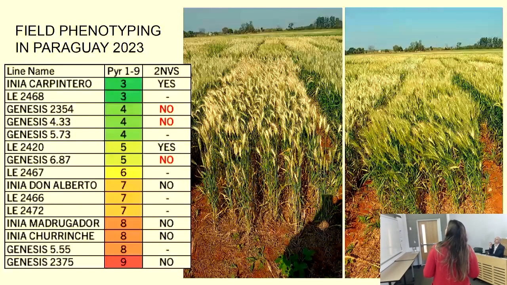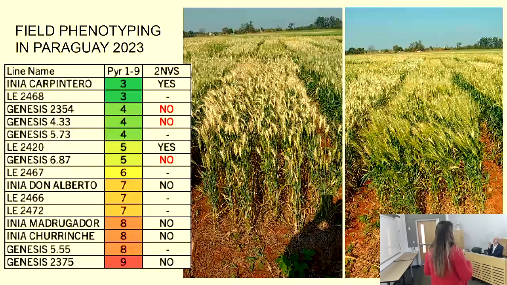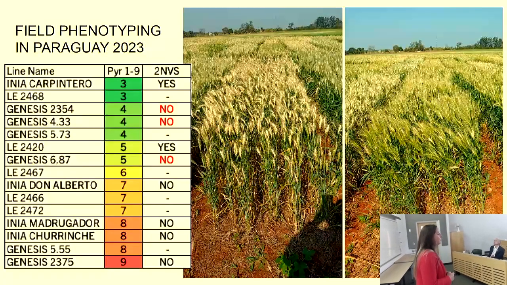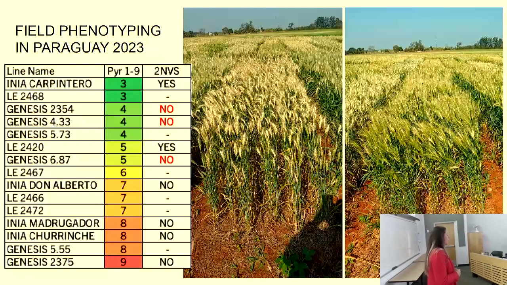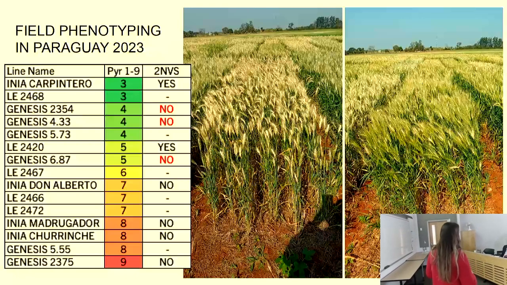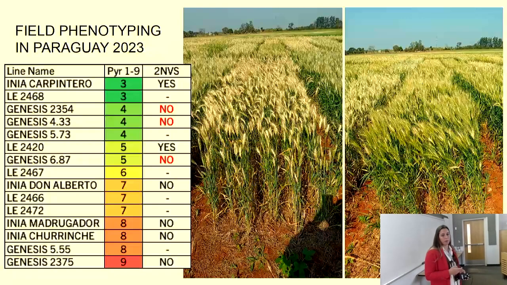And what I put here is whether they have or do not have the 2NS. Of course, most of the lines not having the 2NS are susceptible. But some of the lines here, like these two, don't have the 2NS, but they have pretty good resistance in the field. So I think this is also giving us some opportunity to explore a little bit more this type of lines that we have in the program.